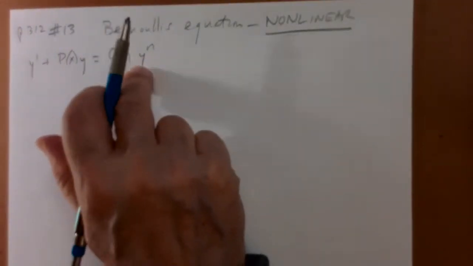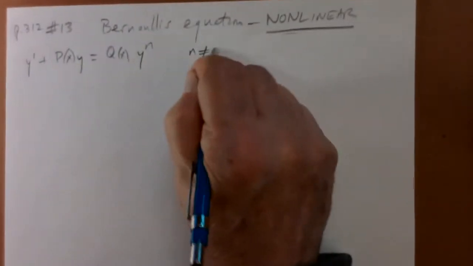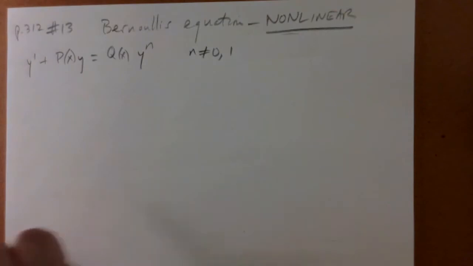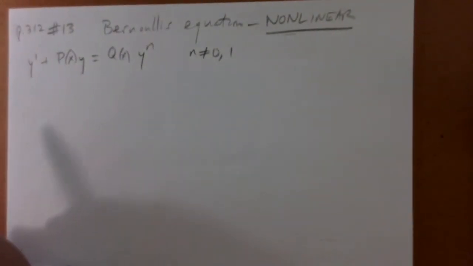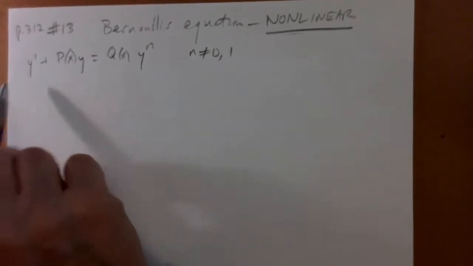If n were 1, this would just be y. We would bring this term over to the other side. But if n is different from 0 or 1, we now have a truly nonlinear equation. And someone, maybe it was Bernoulli, discovered a way to transform this nonlinear equation to a linear equation.